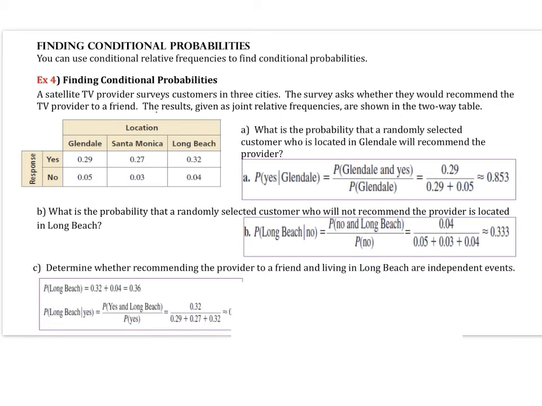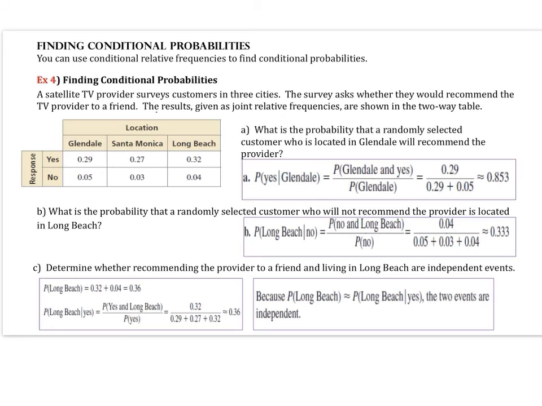And that's a decimal 3.2, and then compared to the probability of a yes. And that's going to be decimal 2.9 plus decimal 2.7 plus decimal 3.2, which comes out to be decimal 3.6. So because the probability of Long Beach is approximately the probability of Long Beach given yes, then the two events are independent.